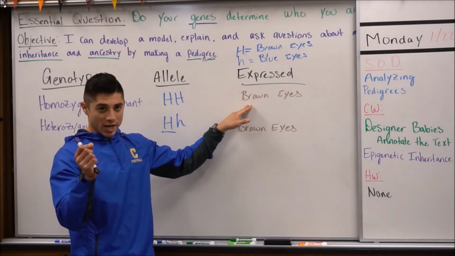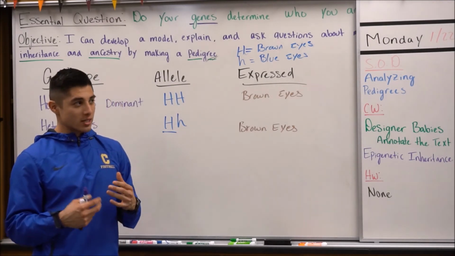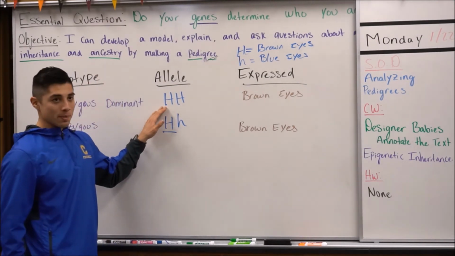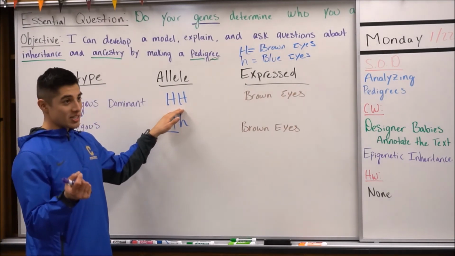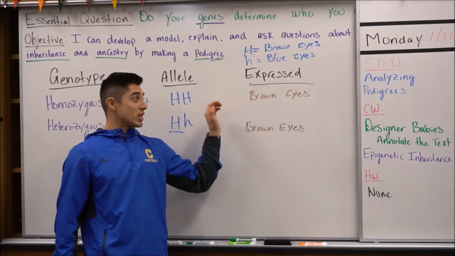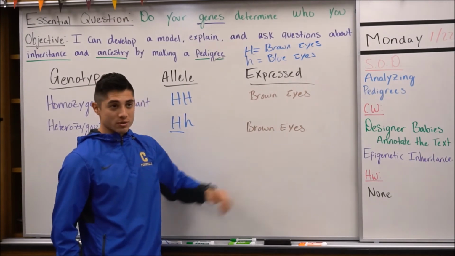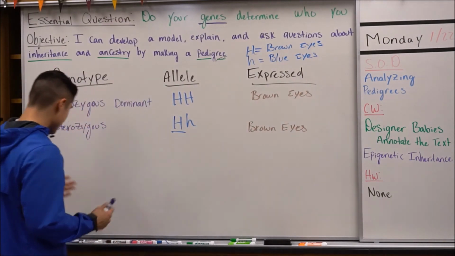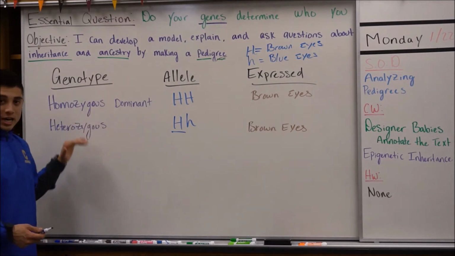The genotype, the genetic makeup, is what we look at with the alleles; this individual is homozygous dominant. We can't necessarily see their genotype, but we can see the trait they're expressing, so we can see the phenotype, the physical appearance.